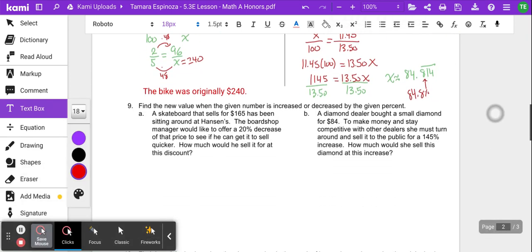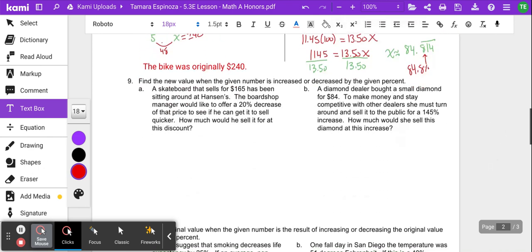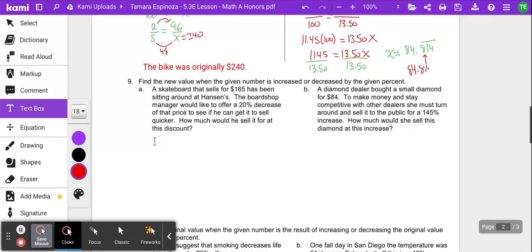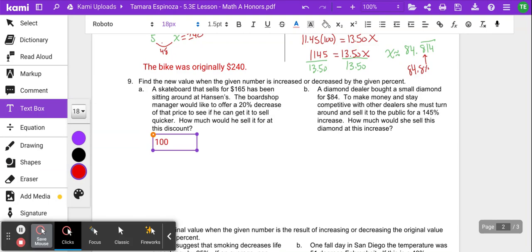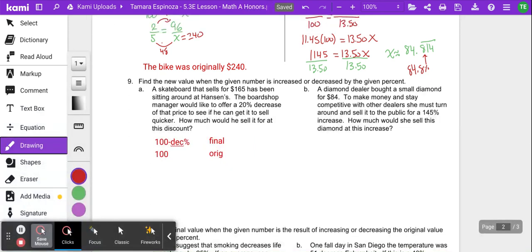So that means we're looking for a final price, and we are having a discount. So we're going to go 100 minus the decrease percentage over 100 equals our final price over our original. All right, he's going to take 20% off.